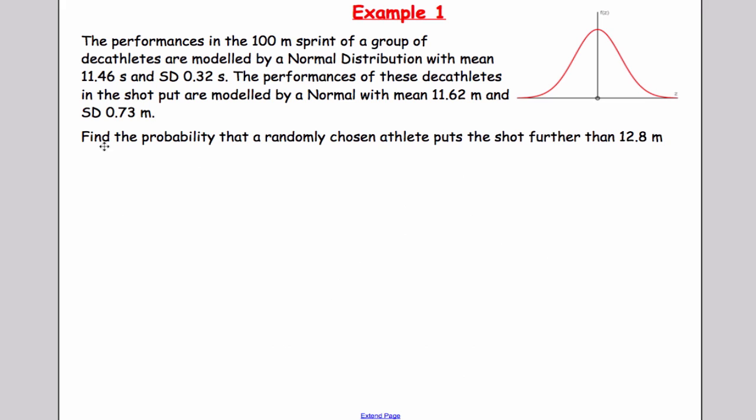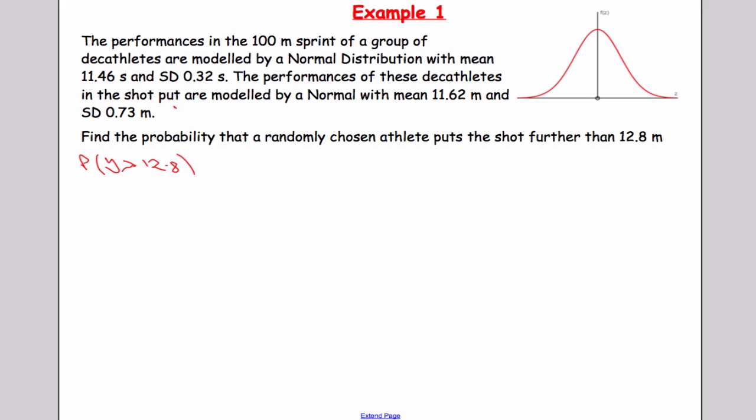Okay, let's move on to the next part of this question. So this time I'm asked to find the probability that a randomly chosen athlete puts the shot further than 12.8. So what I want is the probability that, calling my random variable y, y is greater than 12.8. And let's just model the problem up here.